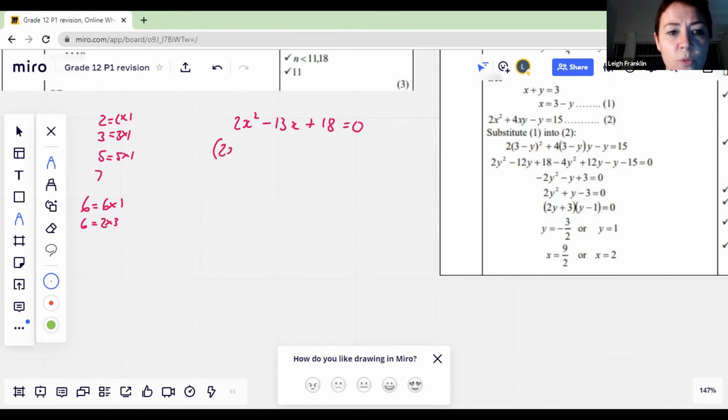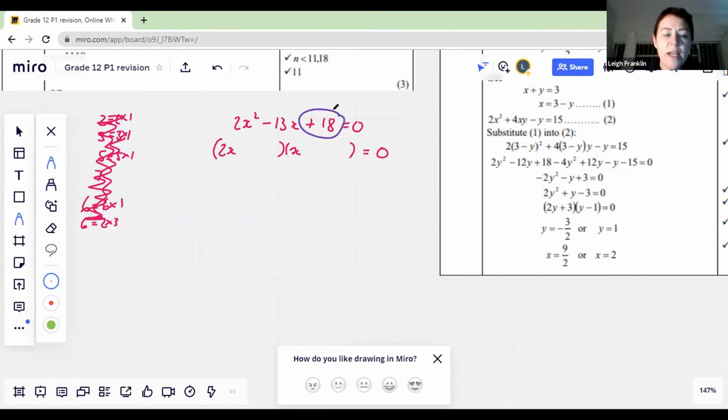So in one bracket, we've got 2x, in the other bracket, we've got x, and then we mustn't forget to write our equals 0. So first times first will give us our 2x squared, okay? Now, we can ignore all of that. Now we need to look here at the end, at the 18. And we are asking ourselves, what are the factors of 18?